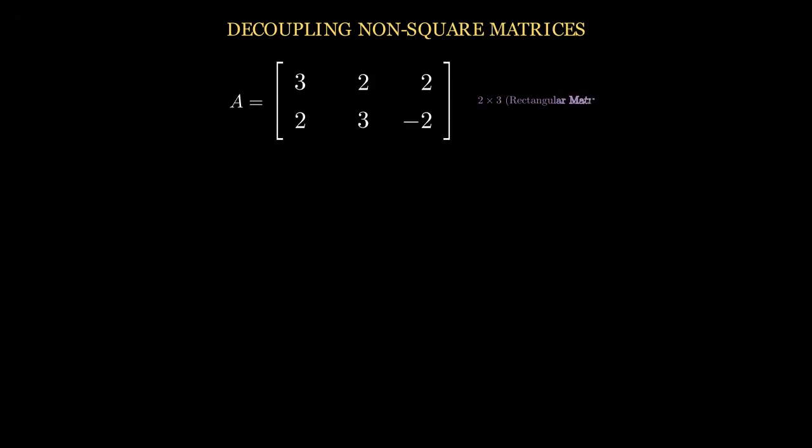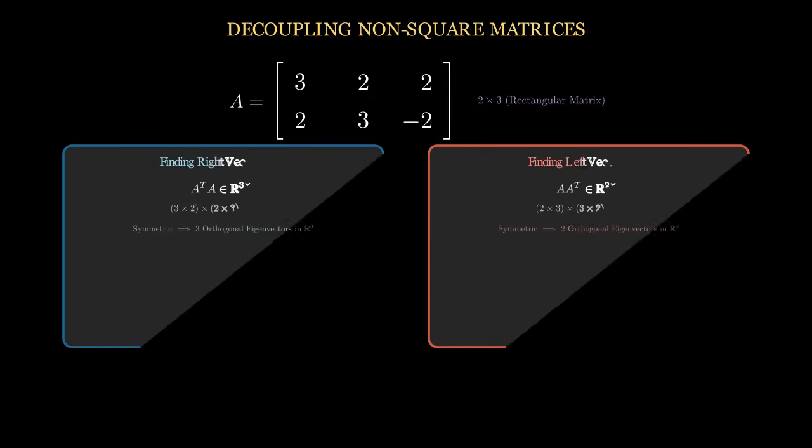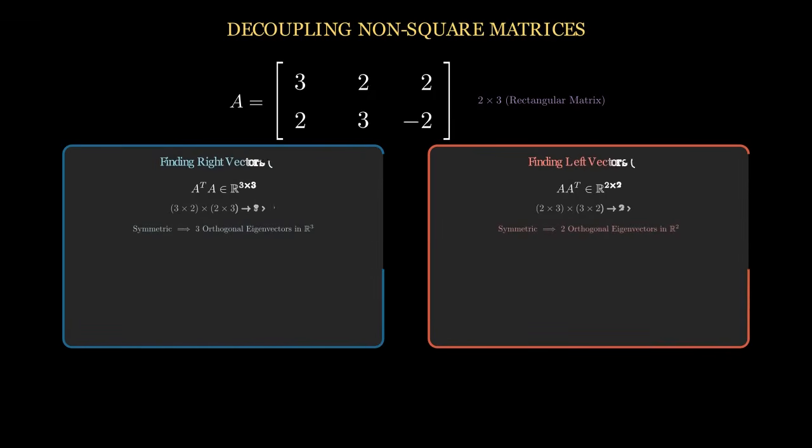Let us take a non-square matrix A with a top row of 3, 2, 2, and a bottom row of 2, 3, minus 2. To find the columns of V and U, we analyze the symmetric matrices A transpose A and AA transpose.